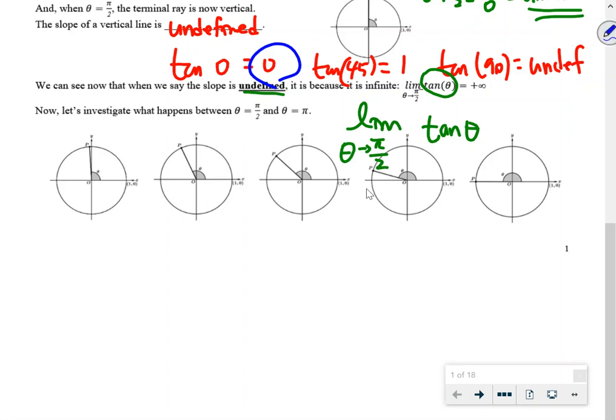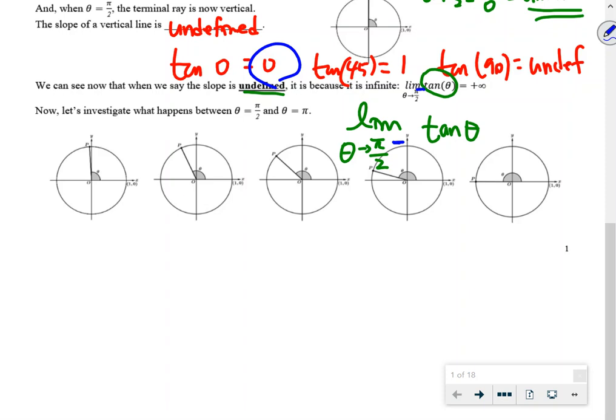I'm not sure if you guys see it here, but there is a small minus sign right there. The meaning of this is we are approaching pi over 2 from the left side, or from the negative side. Negative side means the left side.